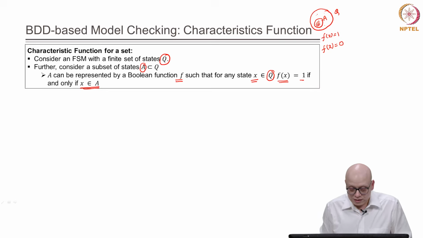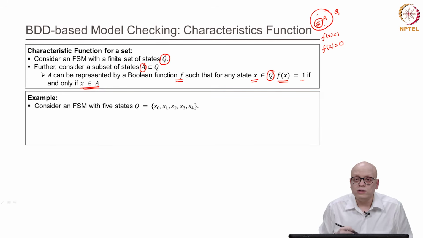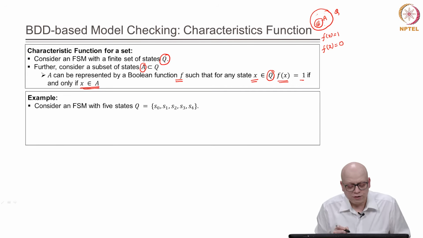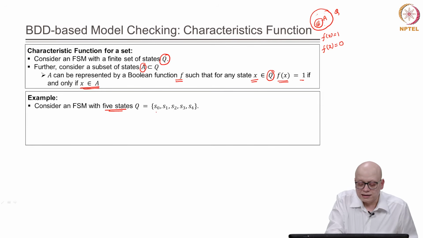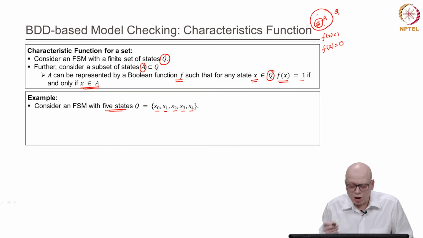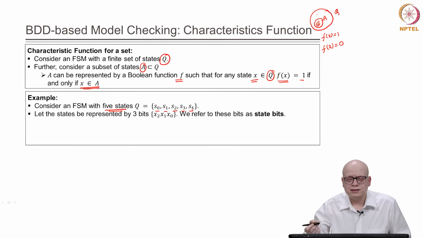So, let us take an example and see how we can formulate or write a Boolean function for the characteristic function. Consider an FSM of 5 states, and let us call these 5 states S0, S1, S2, S3 and S4. Let us first represent this set of states using 3 bits.